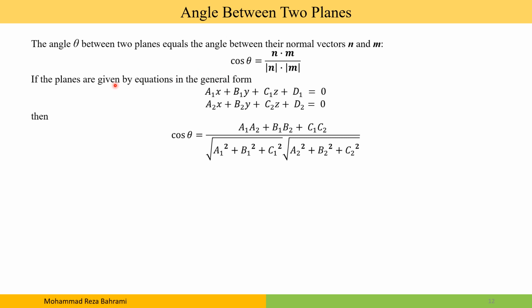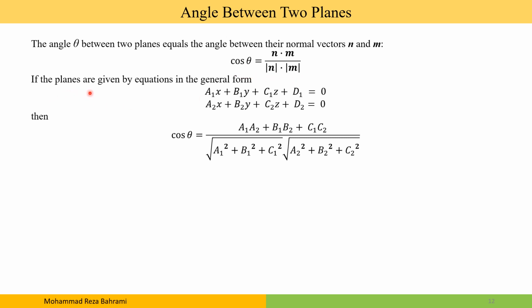Here we want to talk about the angle between two planes. The angle between two planes, theta, is the angle between their normal vectors n and m. So we have two vectors and we want to find the angle between them, so we can use the dot product of two vectors.